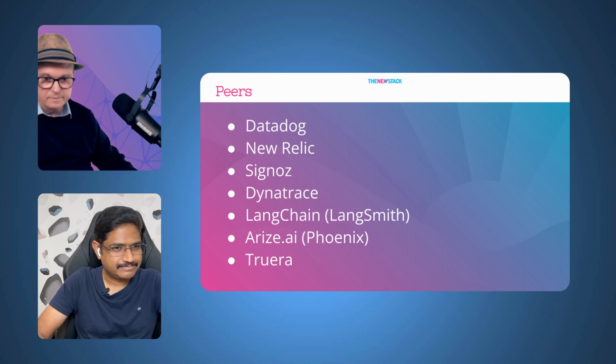APM for LLMs. And APM is a term that's been around for decades. So what is the corollary to APMs of old? I call it APMs for LLMs. It's the same mechanism. How do you perform distributed tracing?